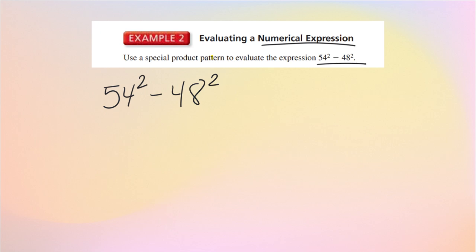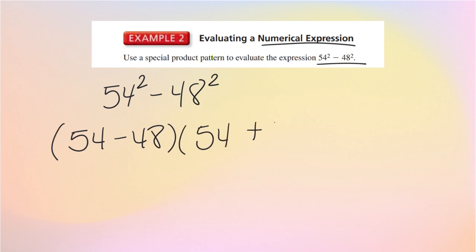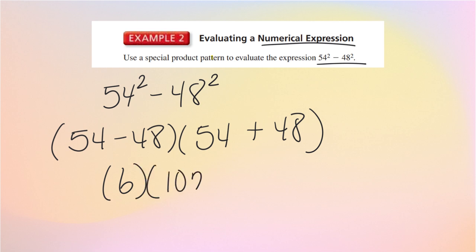So we can rewrite the expression in a form that will be easier to evaluate using the difference of two squares pattern, which will be 54 minus 48 times 54 plus 48. 54 minus 48 gives me 6, and 54 plus 48 gives me 102. These two multiplied together give me 612.